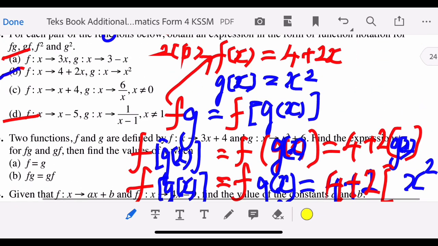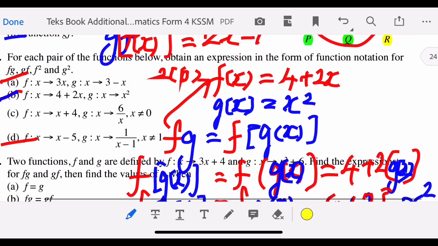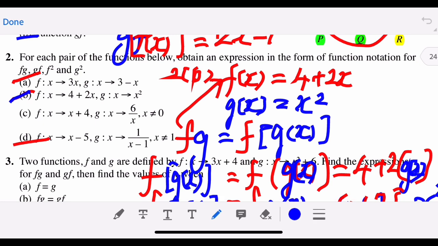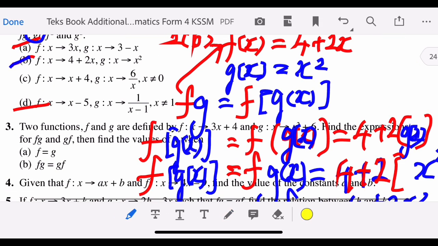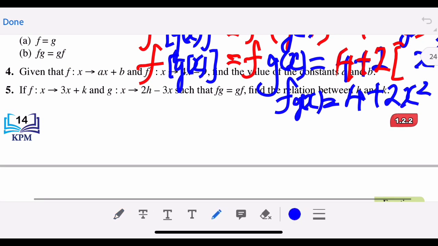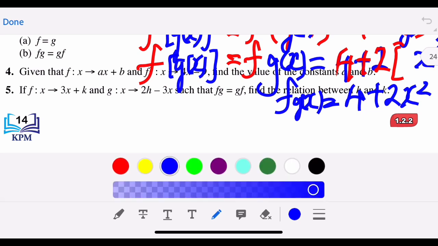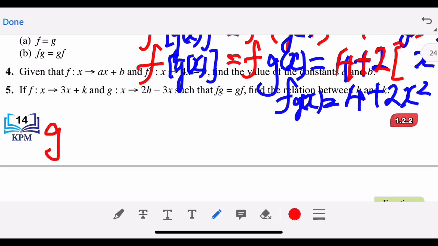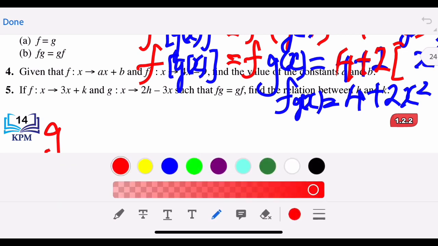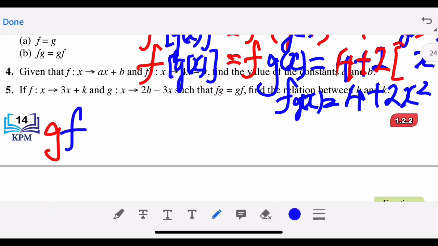Now we are going to do gf. So gf means that the function is g and the object is f. So I'm going to copy down the function g. So gfx. We're asked to find fgx and gfx.